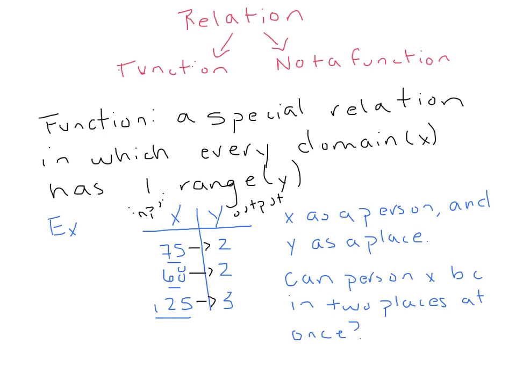Right? Can person X be in 2 places at once? So for example, let's say that we were person 75. Right? We couldn't be in place 2 and 3. We could only be in place 2. Let's say we're person 68. We can only be in place 2. Now, can person 75 and person 68 both be in place 2? Yeah, you could have 2 people in one place. That's fine. But you can't have one person in 2 places.